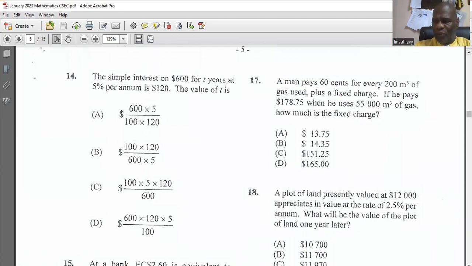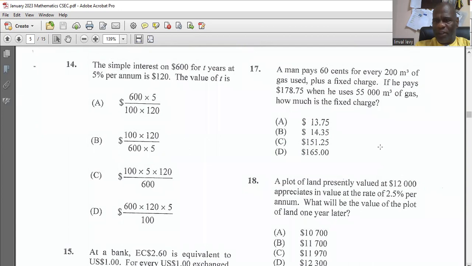Okay. So we can do 17 and 18 together. Let me step out of the way.